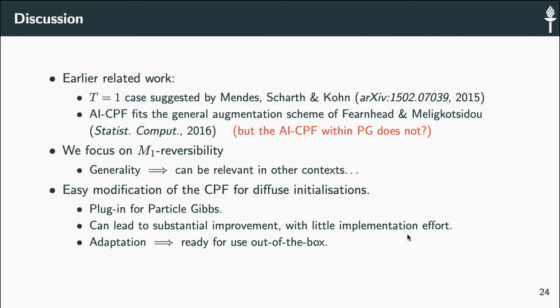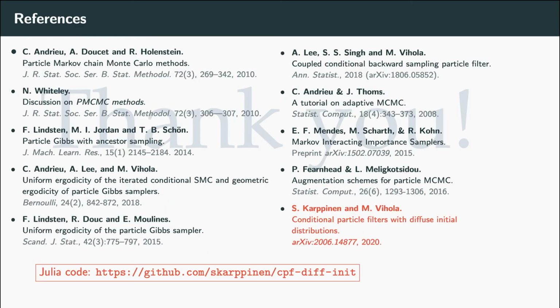You can get substantial improvement with little cost in terms of implementation effort. And adaptation can really be nice because you don't have to do a lot of tuning, but instead you can just plug it in and let it adapt, and it seems to work rather well, just like that.